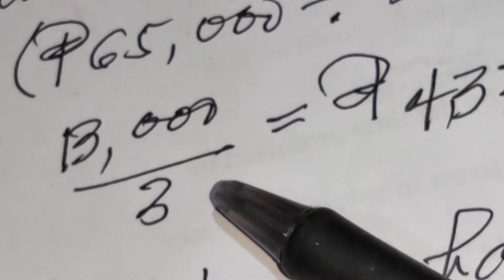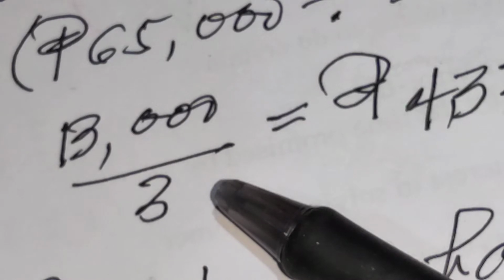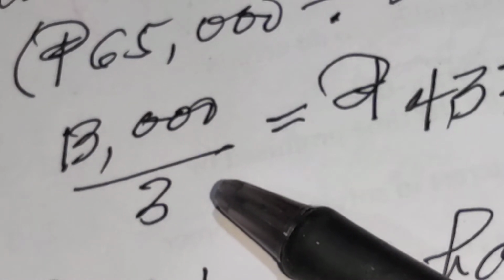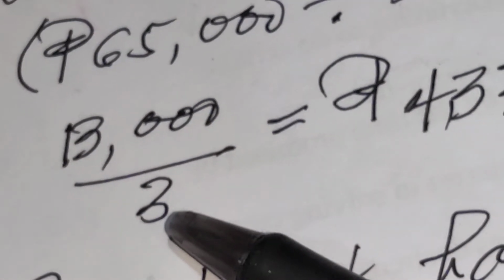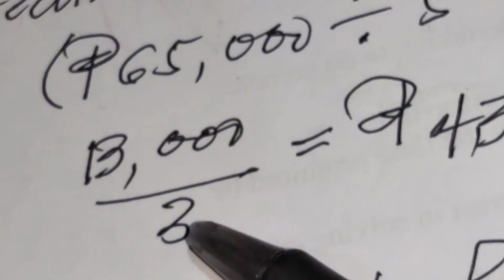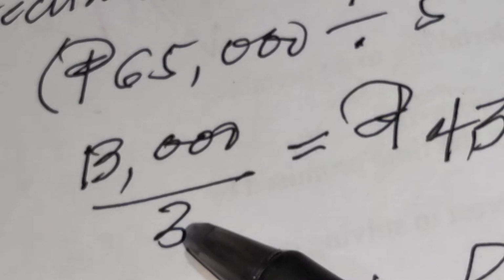November 1 to December 1, 3 months. Since it is 31 now, December 1 to December 31 is one more month. So, 4 months. Oh, it should be 3. Actually, one year is 12 months. 12 divided by 4 is 3, or 1/3 of a year. So your 13,000 divided by 3 is 4,333.